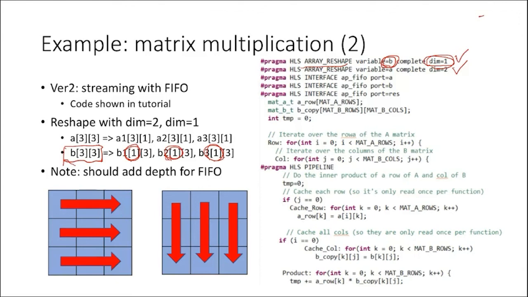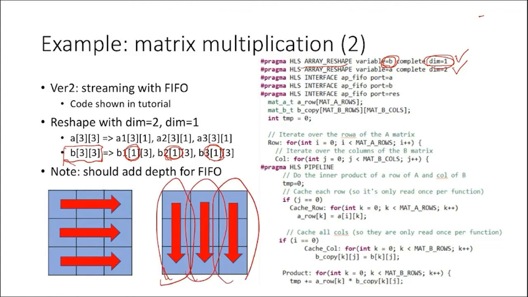Another thing to mention is that in order to achieve this concurrency, the array reshape direction should be perpendicular to the matrix access direction. For example, array B is the second matrix in the matrix multiplication, so array B is accessed in the vertical direction, right?